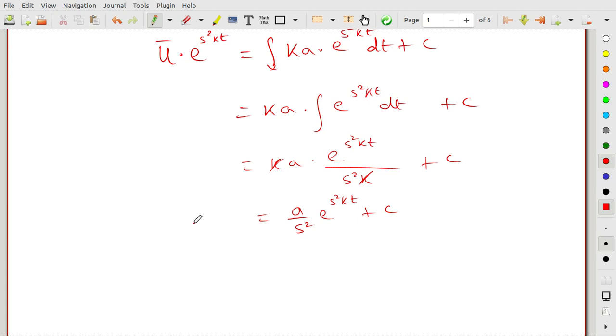And in this side we have u bar into e power s square kt.